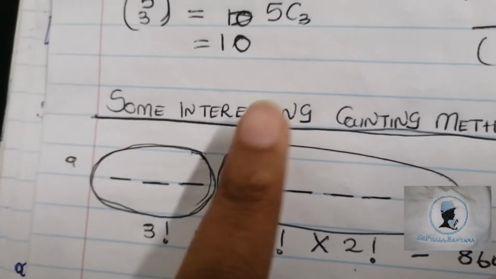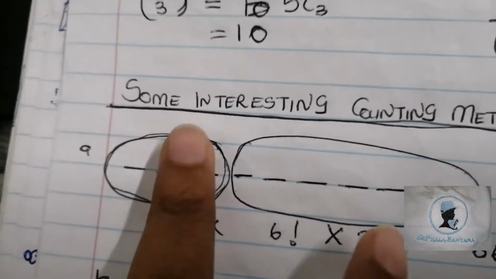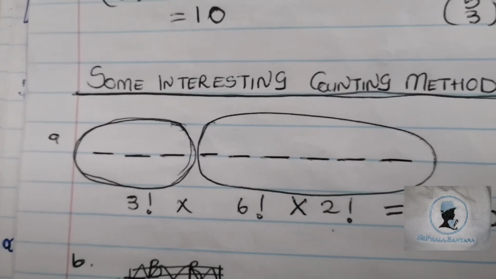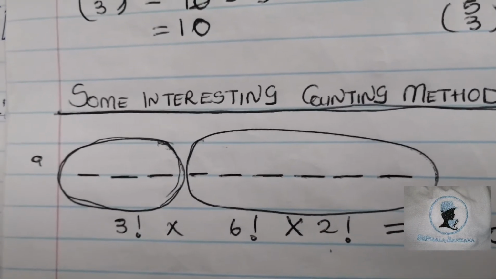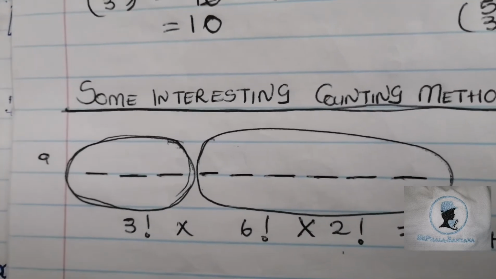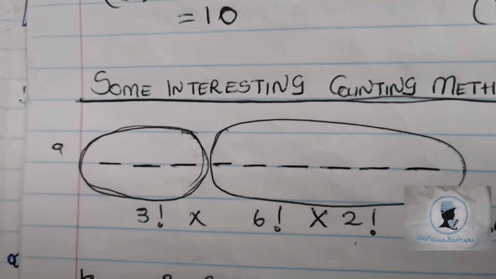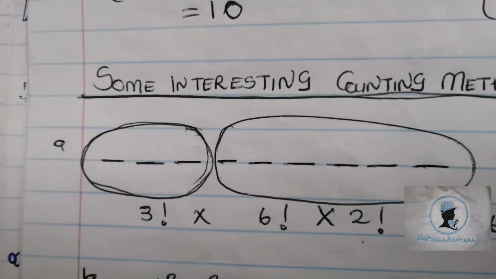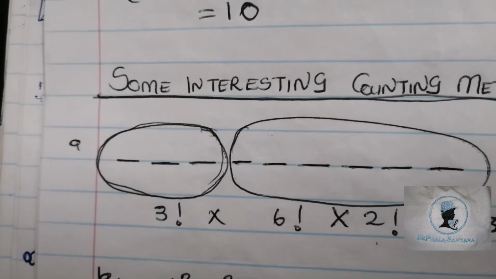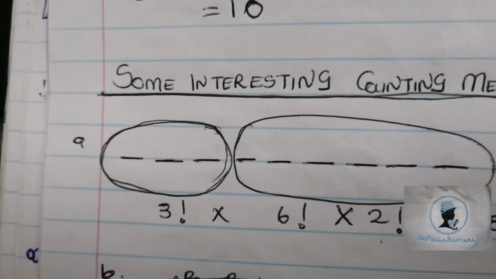But remember, these 2 groups or 2 sets of boys and girls, they didn't mention a condition saying that this set must start, or they didn't tell you anything about which set has to sit first, right?